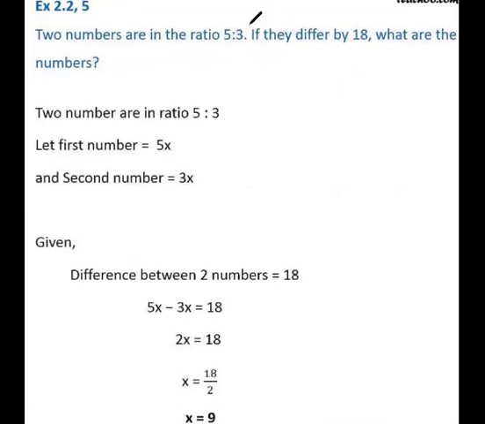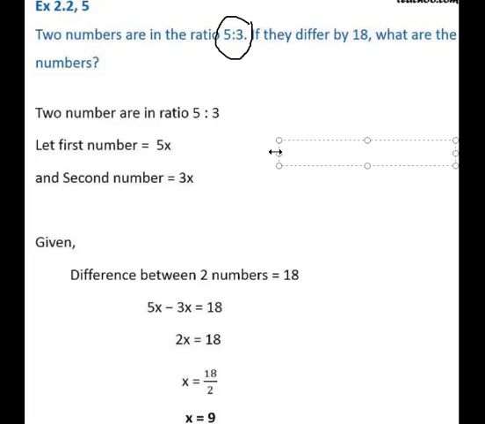Now two numbers are in ratio. These numbers which are in ratio are 5 ratio 3. As you know, when they are in ratio 5 ratio 3 and they differ by 18, what are the numbers? On the other side you will take 18.